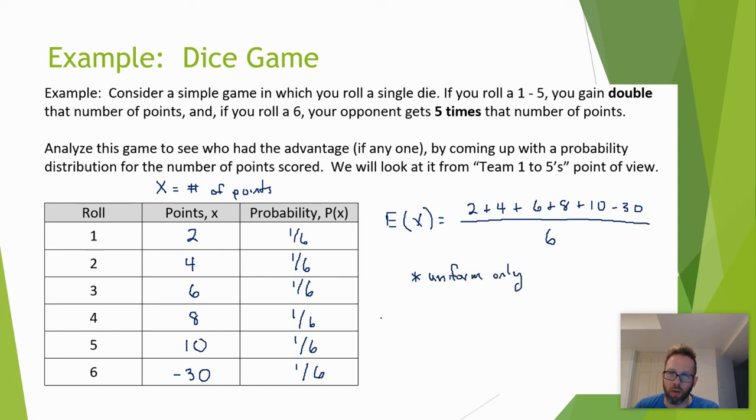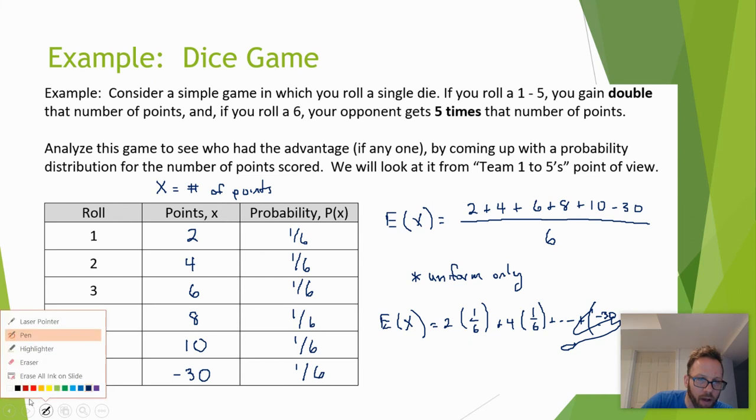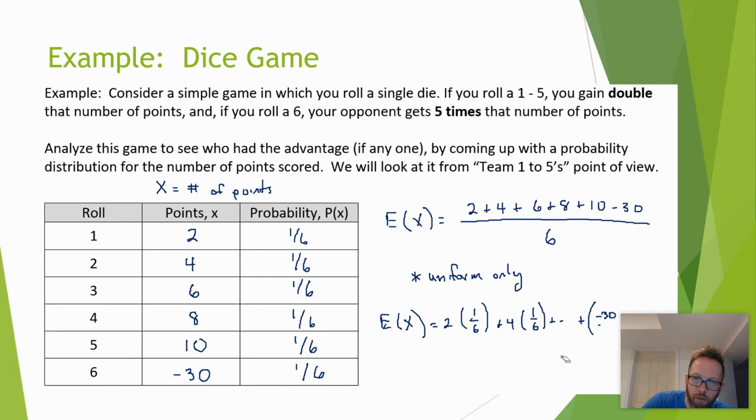Of course, we could do it the old-fashioned way, where you do 2 times 1 over 6 plus 4 times 1 over 6, and so on, plus negative 30 times 1 out of 6.